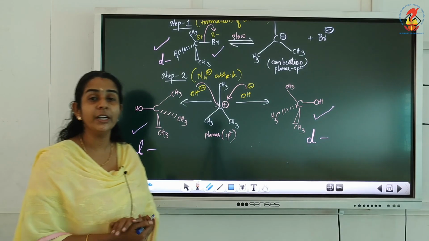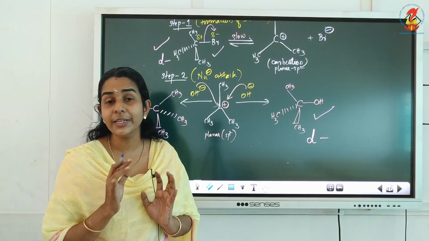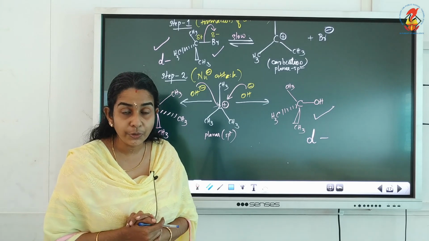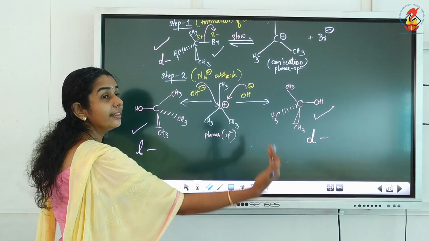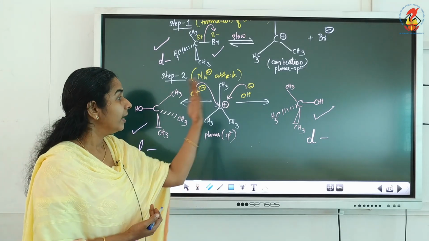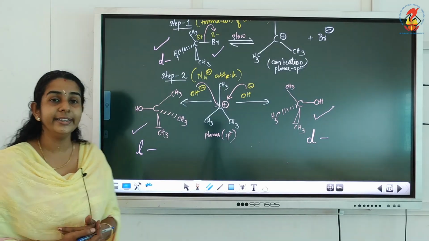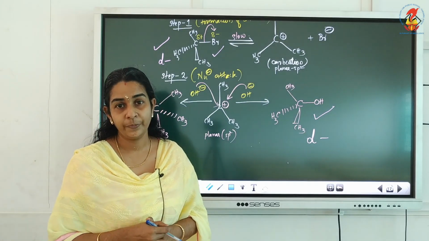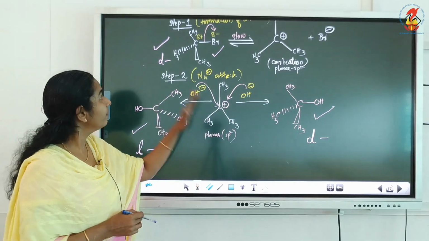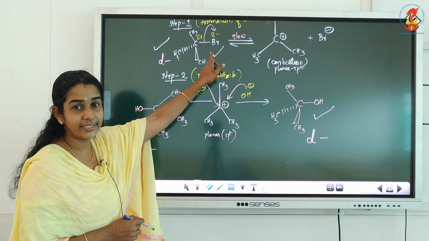So in the SN1 mechanism, there is equal possibility or equal chance for the attack of the nucleophile from either direction. So if it is attacking from the right side, if it is dextro, from the left-hand side it will be producing levo. Okay, so dextro or levo we have to assign based on the alkyl halide we are taking.